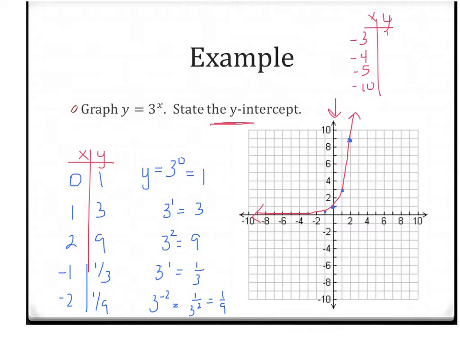Wow, so that's 1/27. Let's see, 1/81st, 1/243rd, 59,049. So you see these numbers are going to get really, really small.